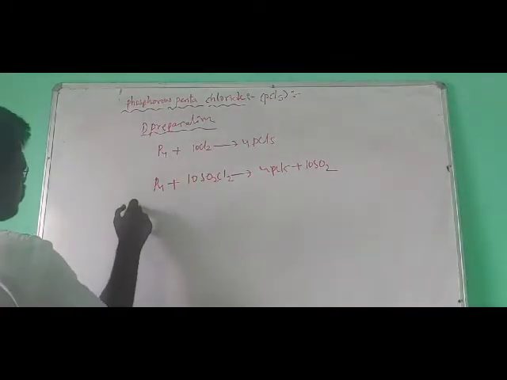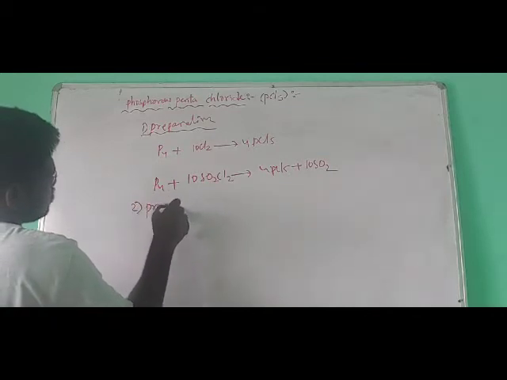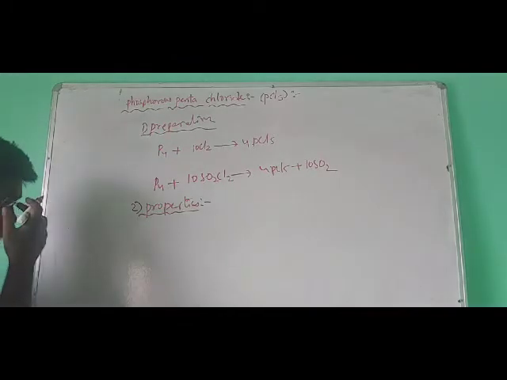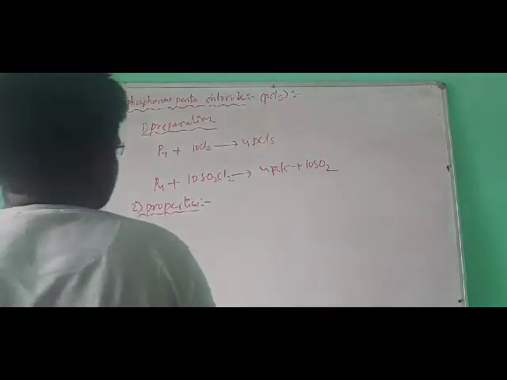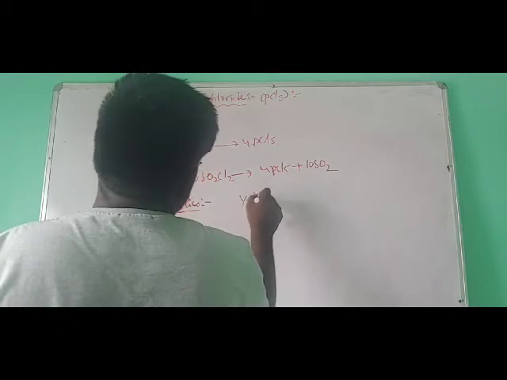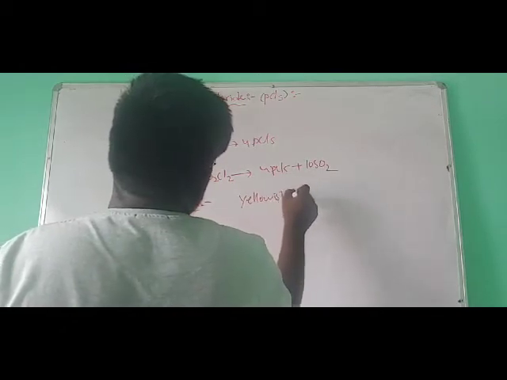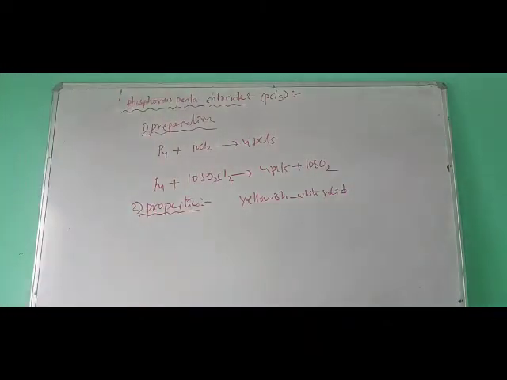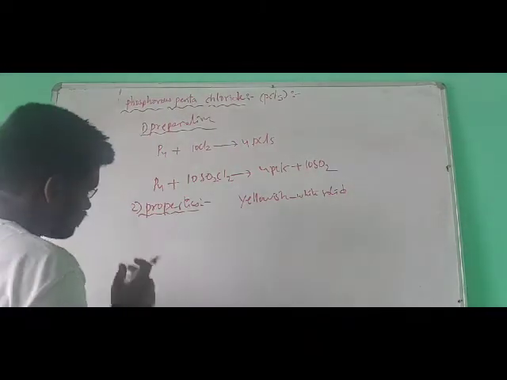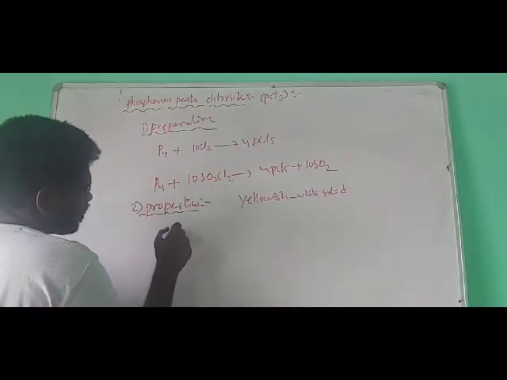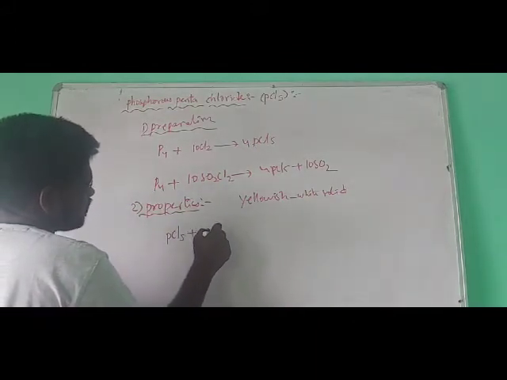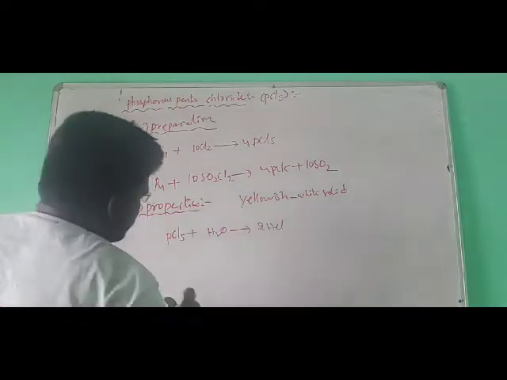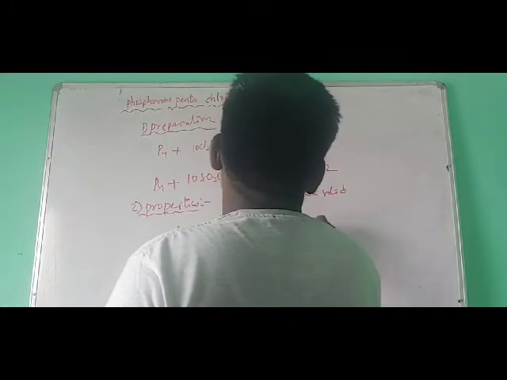And the next one, properties. Properties of phosphorus pentachloride. This phosphorus pentachloride is a yellowish white solid, and when it is treated with water, we can get 2 moles of HCl, and next we can get POCl3.